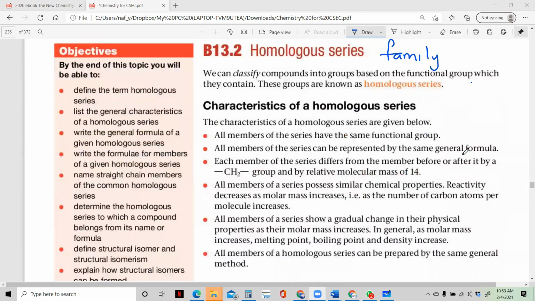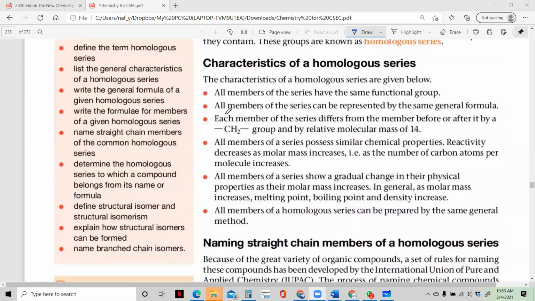That's the first one. Second one, all members in the series can be represented by a general formula. What does that mean? It means that to get the molecular formula for these individual members, there's a general pattern that is followed.